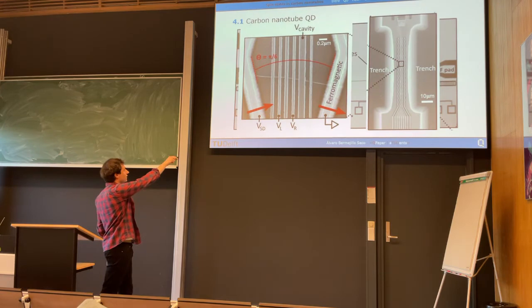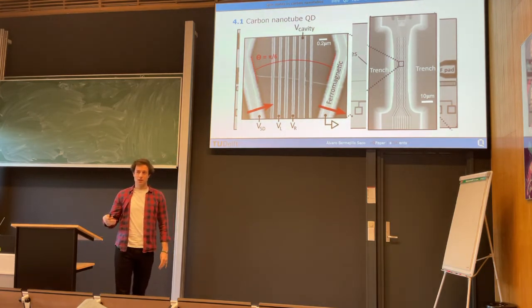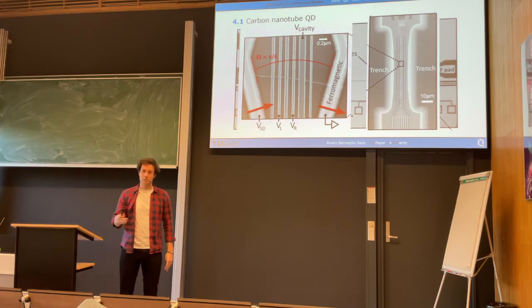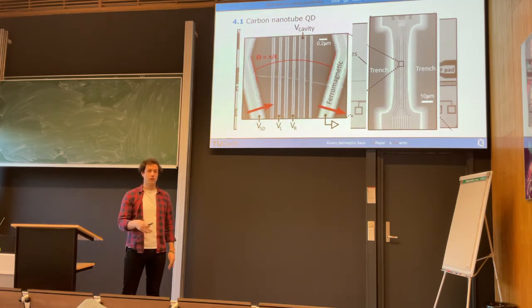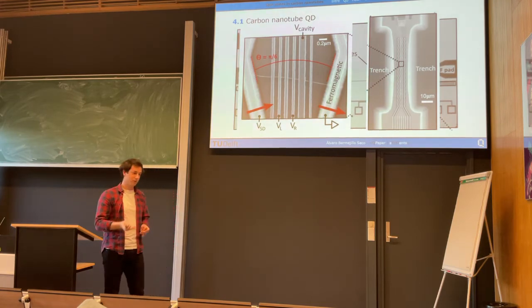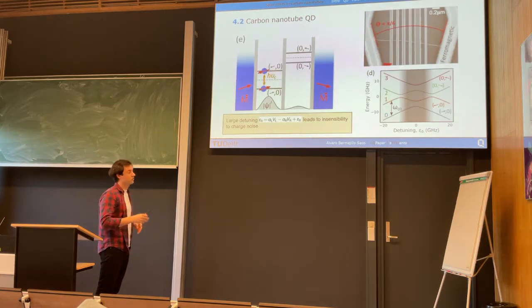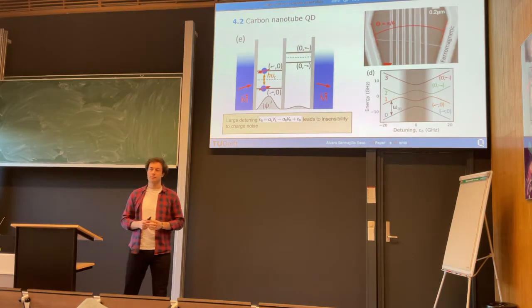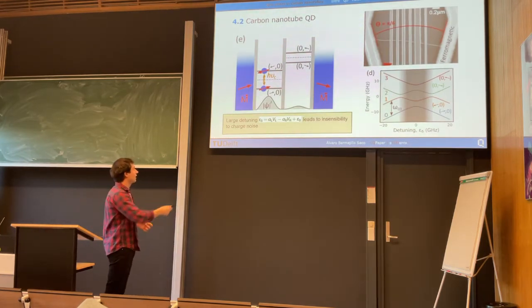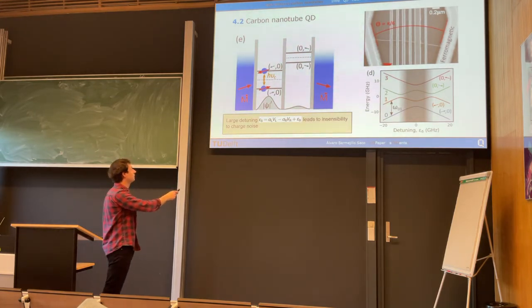As well, we have here some ferromagnetic material that will set the quantization axis of our spins inside the quantum dot. So it will make a splitting of the energy levels, and we will have a preferred direction for the spin. Okay, so this looks quite more difficult than what I explained before, because now we have 4 levels that look like this.